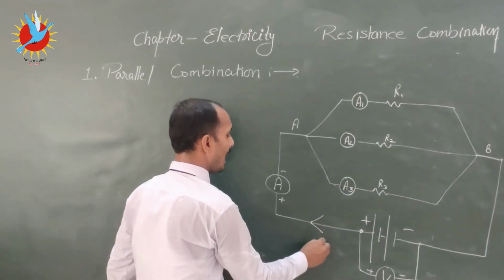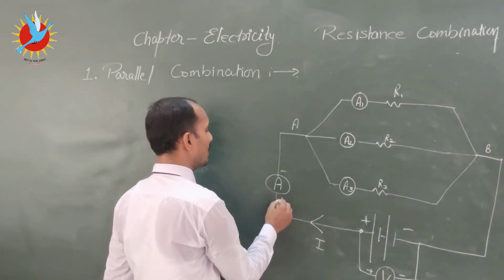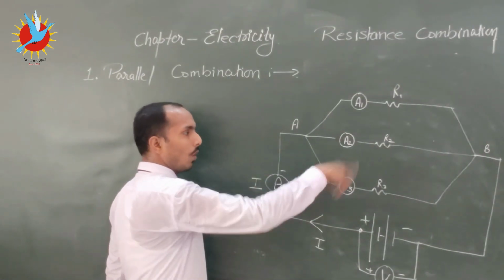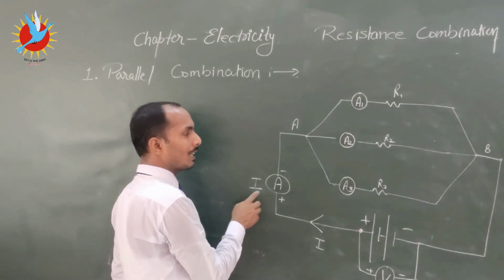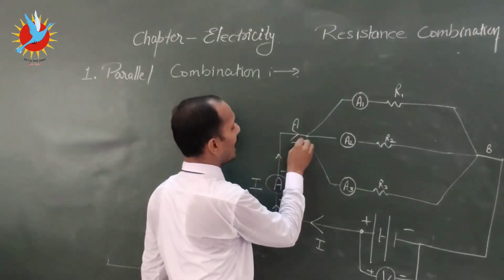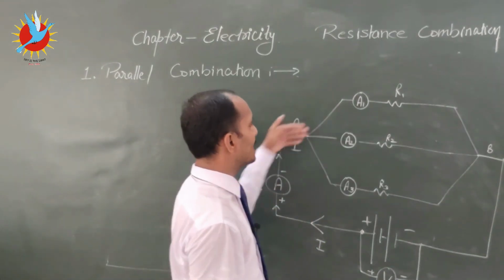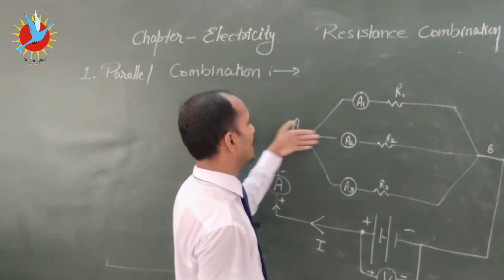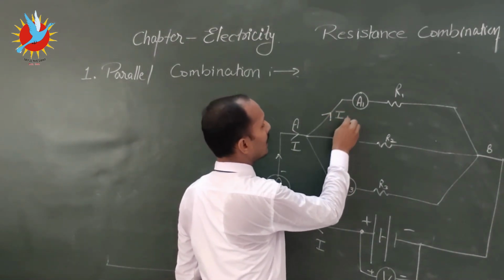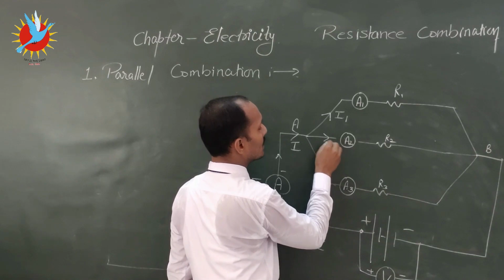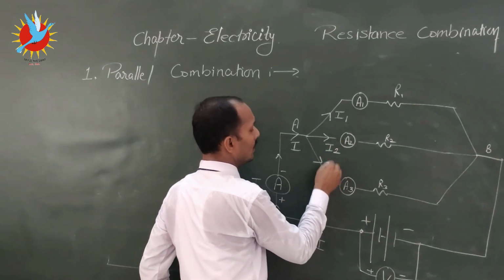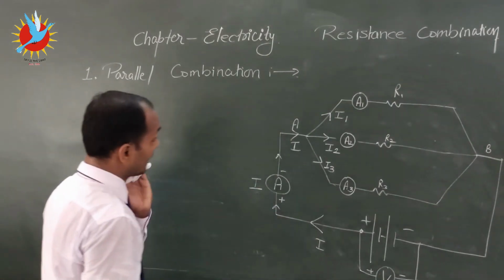Suppose current I is flowing, then it gives the value of I, the total current in the whole circuit. When it reaches this point, it has three paths, so charges flow in these three paths, and there will be different currents. In this case I1, in this case I2, and in this case the current flowing is I3.